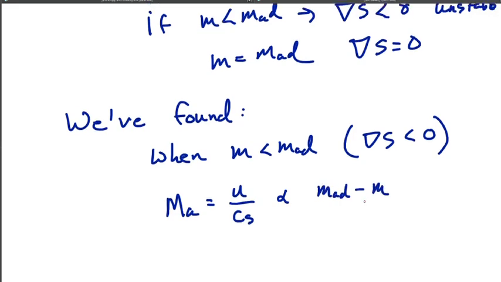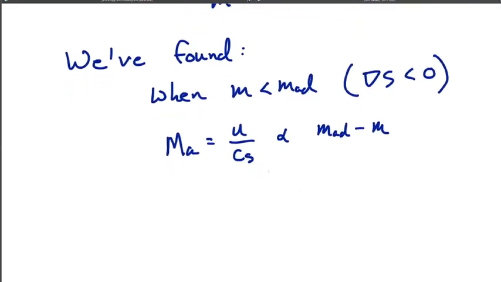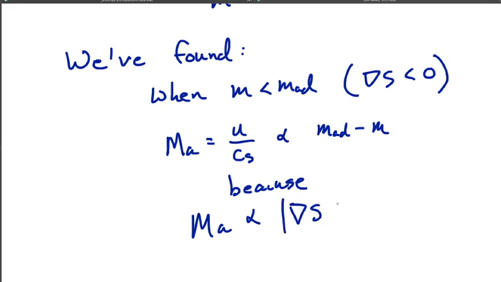That's fundamentally because the Mach number scales with gradients of entropy, and so when the gradients of entropy are really big, then the Mach number is also big.